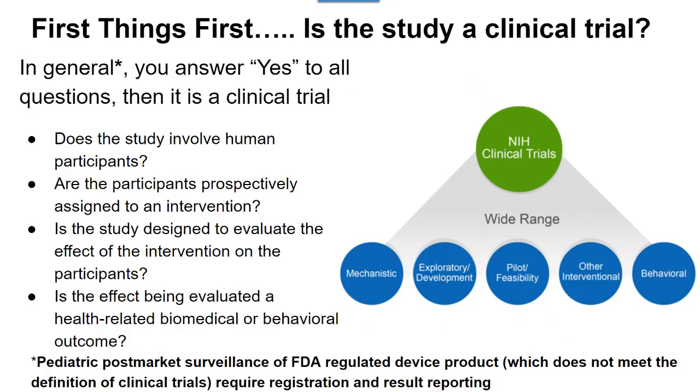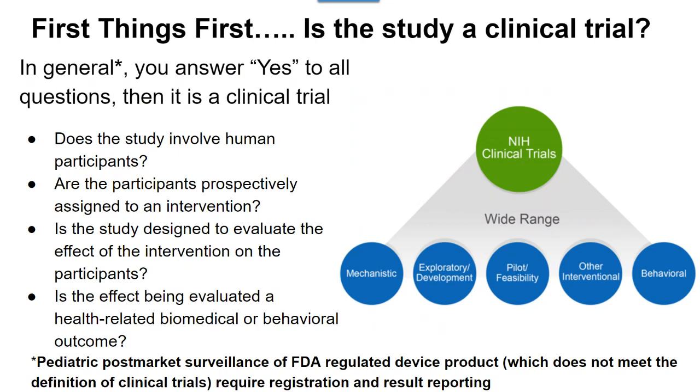So now I want to give an example of a clinical trial. This is the NIH clinical trial definition. In general, if you answer yes to all of these four questions, then it is a clinical trial, and therefore registration may be required. Traditionally, when you think about clinical trials, we think about randomized controlled device or drug trials. But the NIH definition of clinical trial, as you can see in this image, is much broader than that.